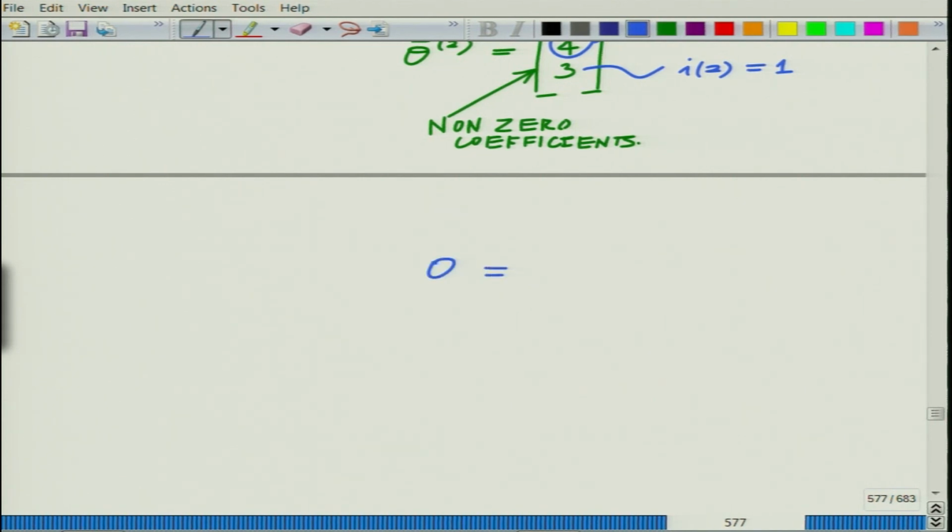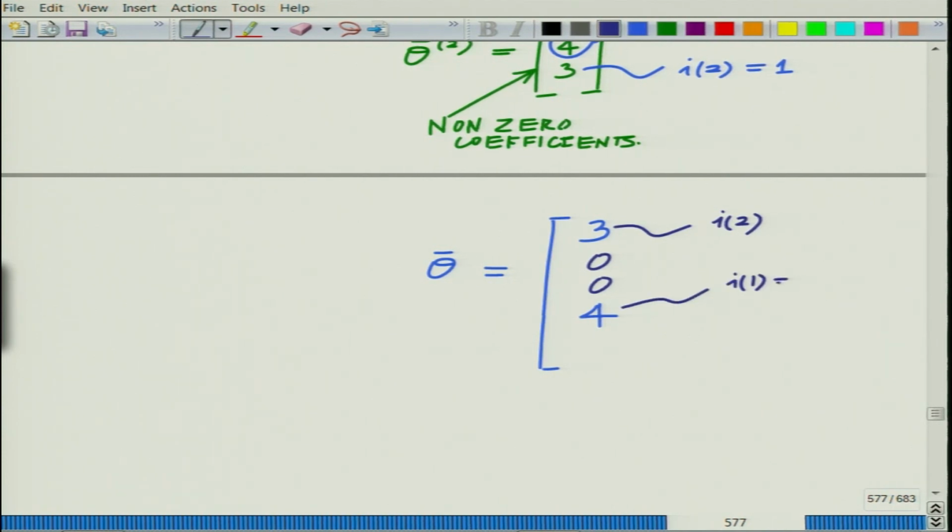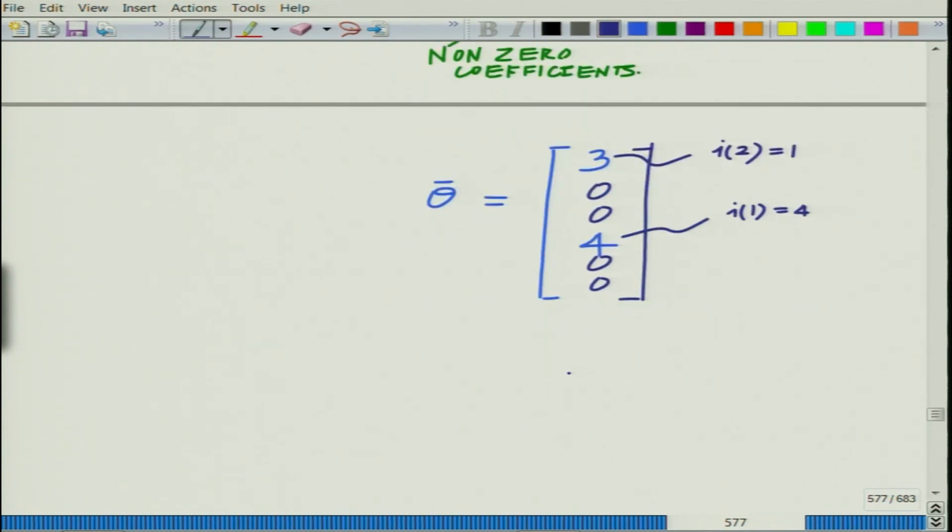So in theta bar you will have the first entry as 3, the fourth entry as 4, and the rest, remember this corresponds to your I2, which is index 1, and this corresponds to your I1, which is equal to 4, and the rest of the entries are 0. So this is essentially your theta bar, and you can clearly see there are many zeros in theta bar.